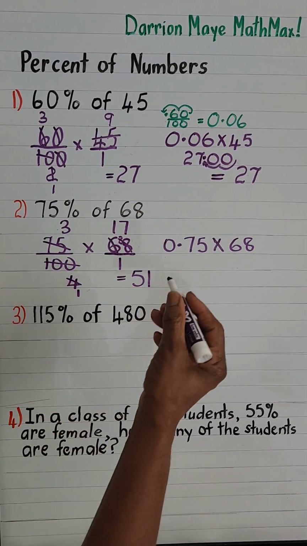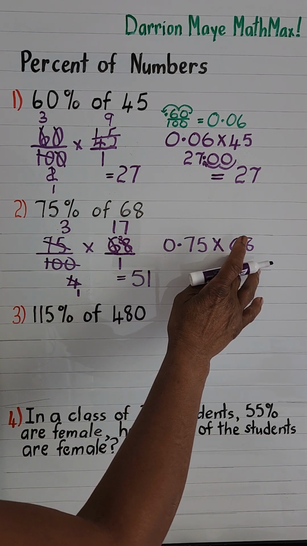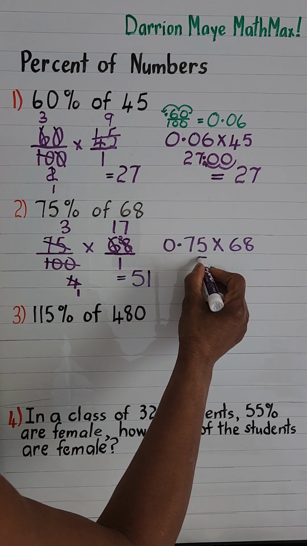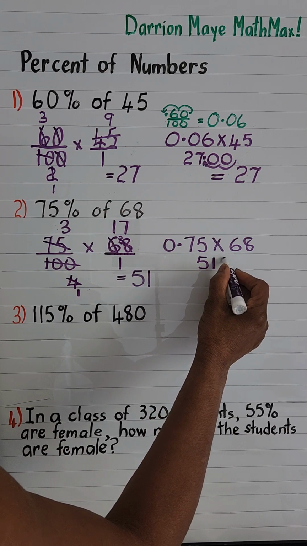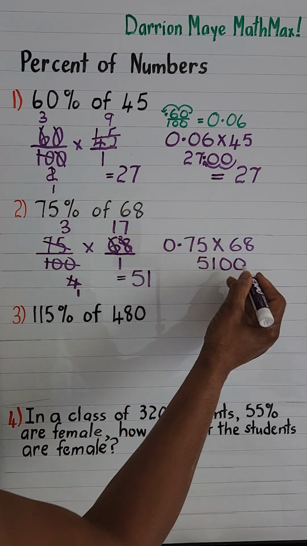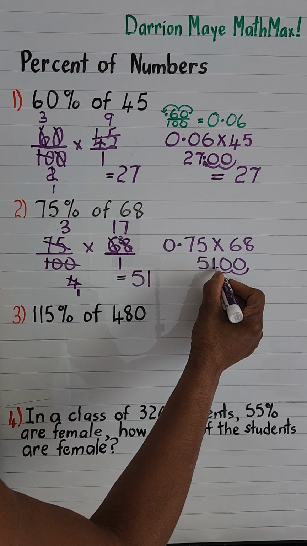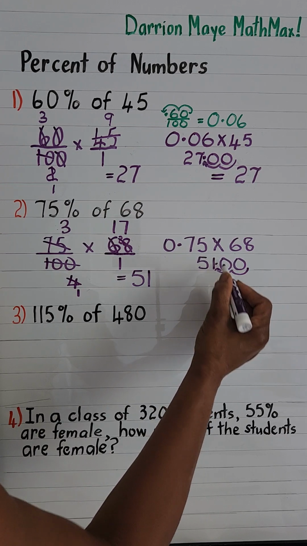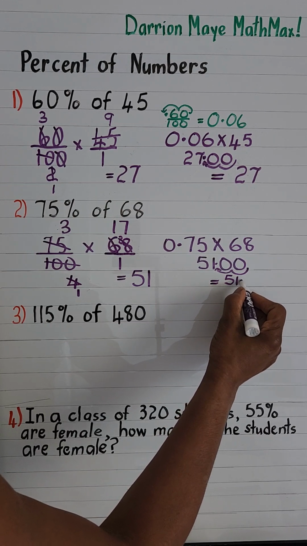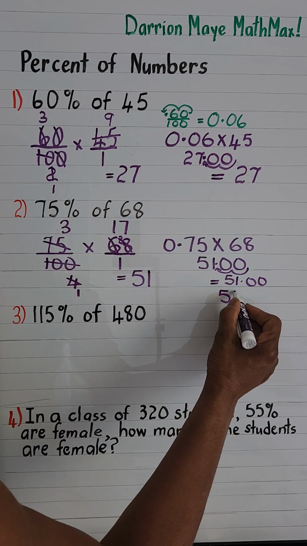Now, when we multiply 75 by 68, that will give us 5,100. And we have 2 decimal places. So we'll count from the back. And our decimal point will be right here. And that is equal to 51.00, which is the same as 51.